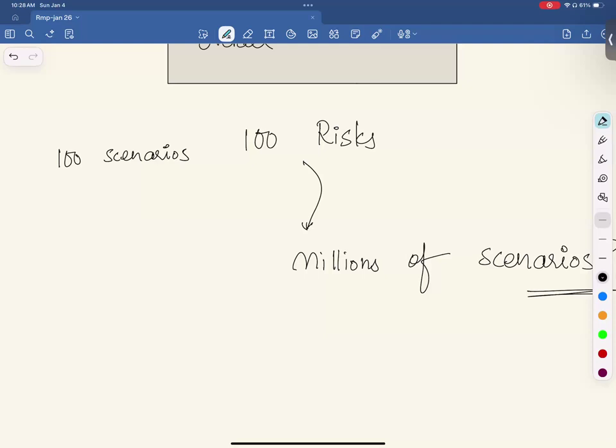If we use mathematics, permutation, and all those things, it's around 4950. Because the formula is n into n minus 1 divided by 2, if you want to know the scenarios.